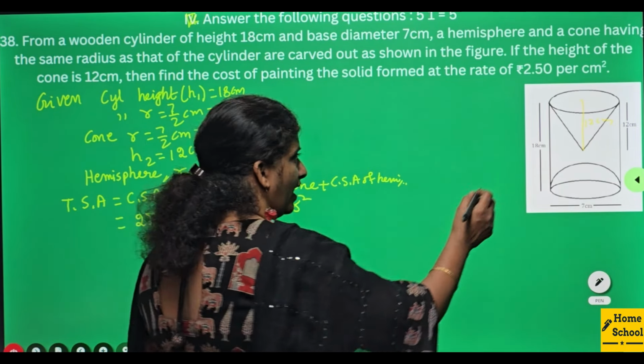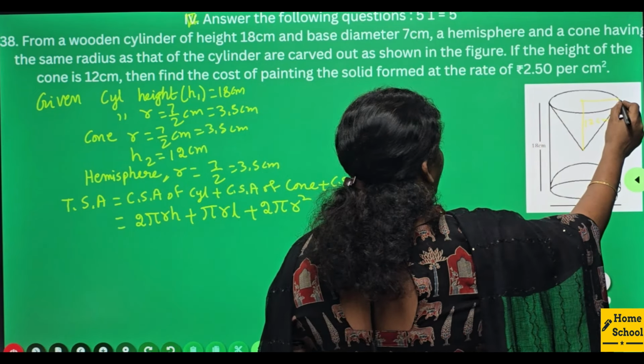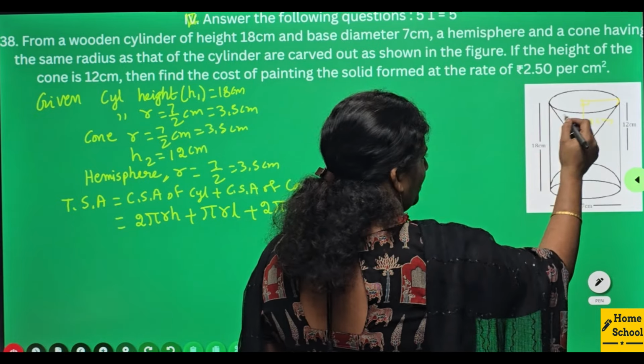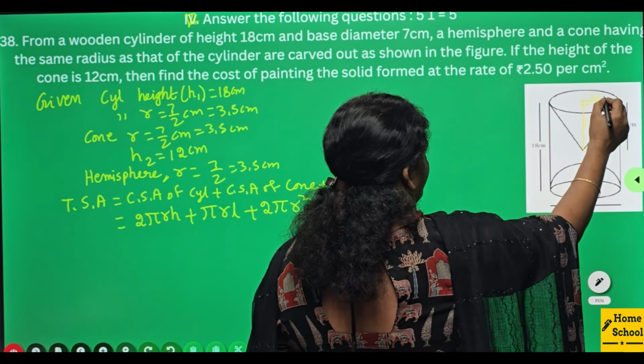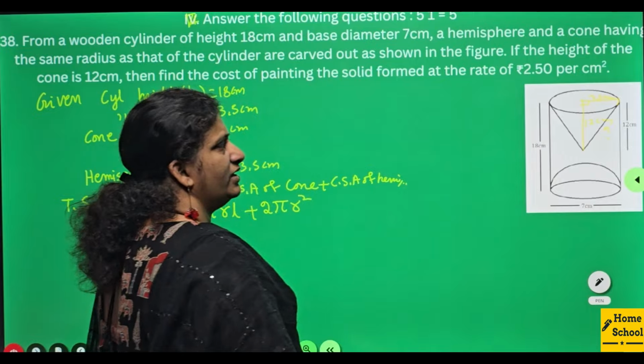So by applying the right angle Pythagoras theorem, we are going to find the slant height. Radius is 3.5 centimeter, height 12 centimeter.